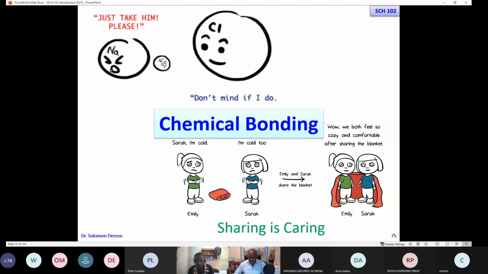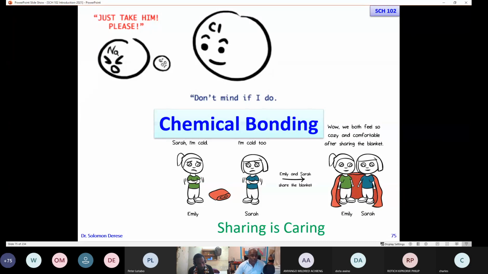If you remember from the electron configuration of the atoms which you've studied in high school, the electron configuration of sodium is 2, 8, 1. Sodium has one valence electron on its third shell.